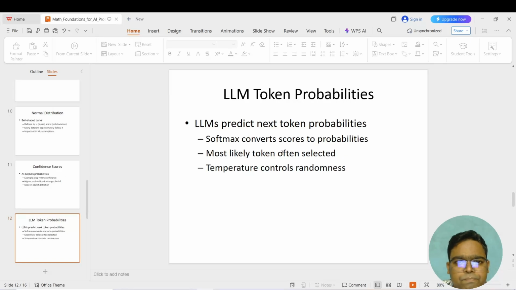And let's say LLM token probability. The LLM predicts the next token's probability.